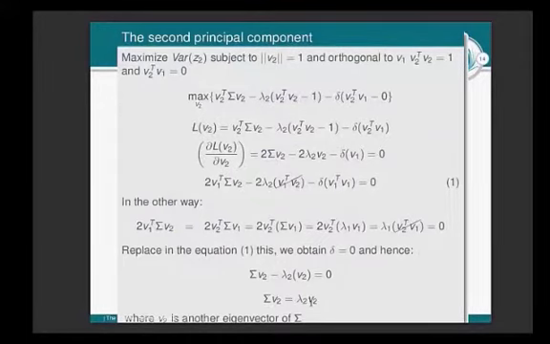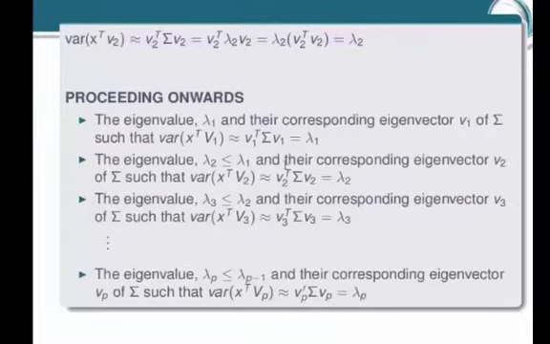Note that B2 is another eigenvector of sigma. We replace this value in the variance of C. The variance of C is equal to lambda 2. The second principal component, B2, is the eigenvector of sigma which corresponds to the second largest eigenvalue, lambda 2.